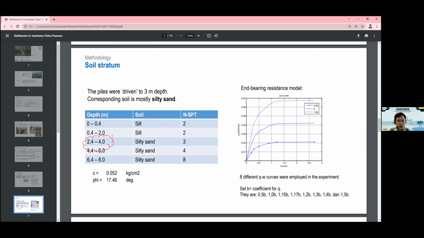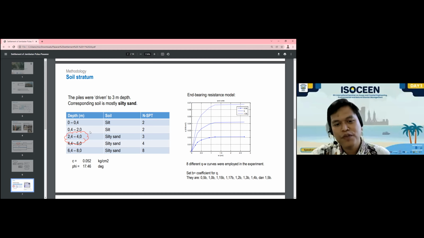The piles were believed to be driven to 3-meter depth. So the corresponding soil is mostly silty sand, as we can see from this left table.